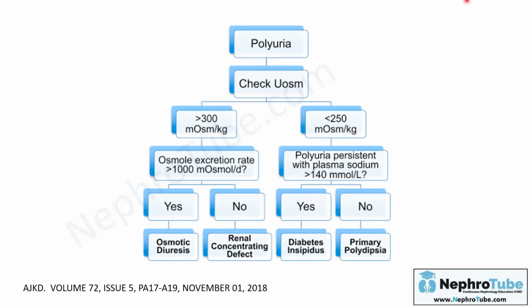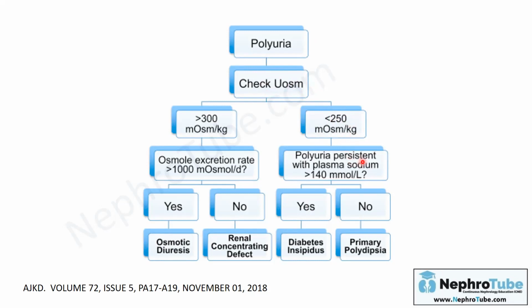In a patient with polyuria, you can check the urine osmolality. If the urine osmolality is less than 250 or 300 milliosmol per kilogram, the urine is totally diluted. So sure, this will be diabetes insipidus, where there is a large volume of urine and free water excretion.